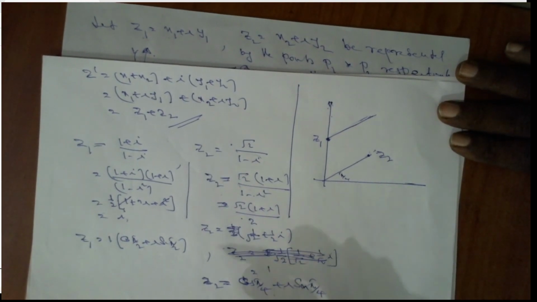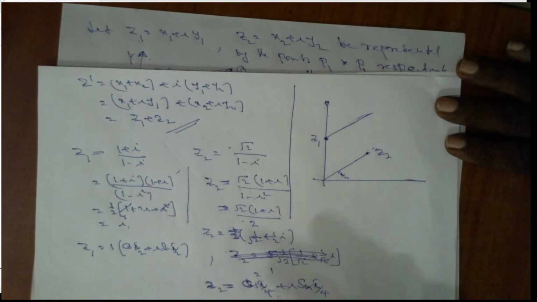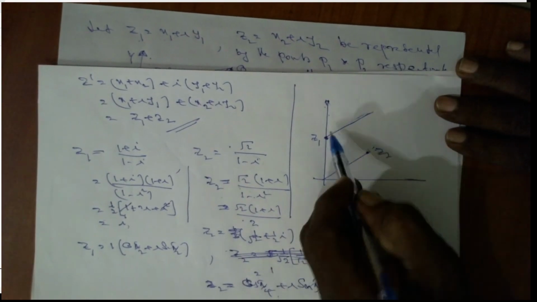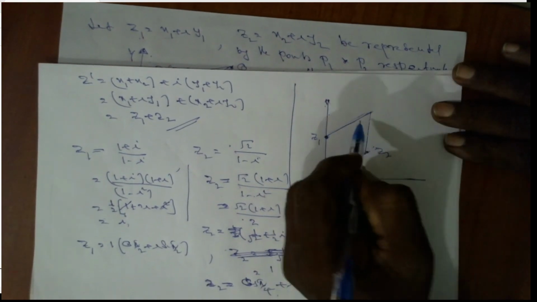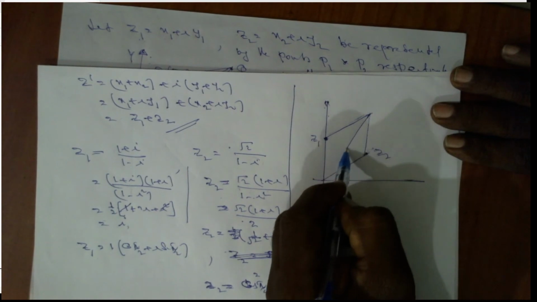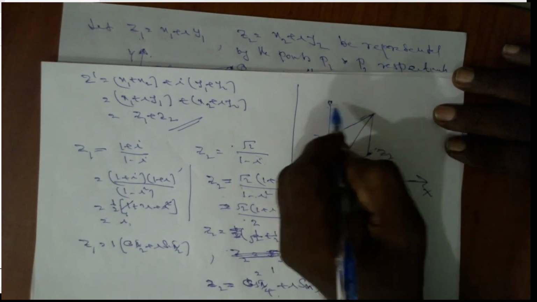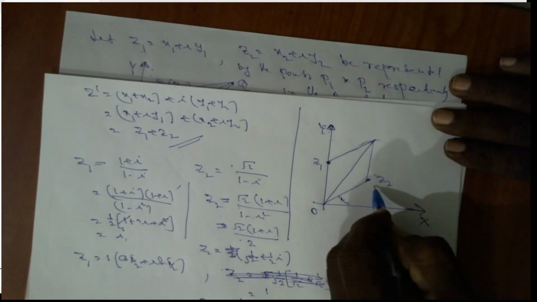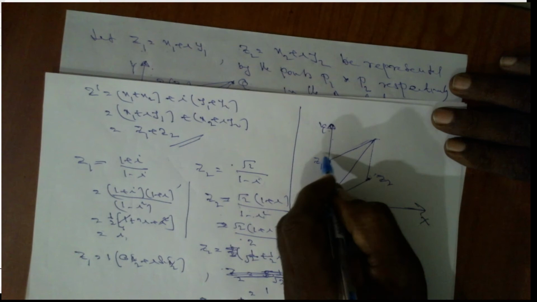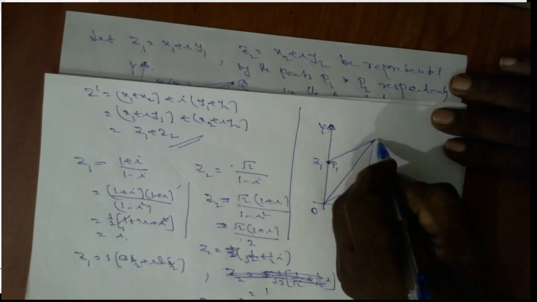If you notice those properties, you at once identify that this is a rhombus. Therefore the angle can also be understood very easily. O, x, y like this. This is P1, this is P2, this is Q.